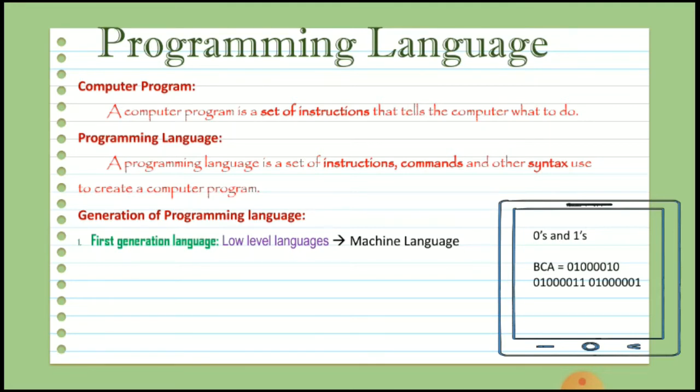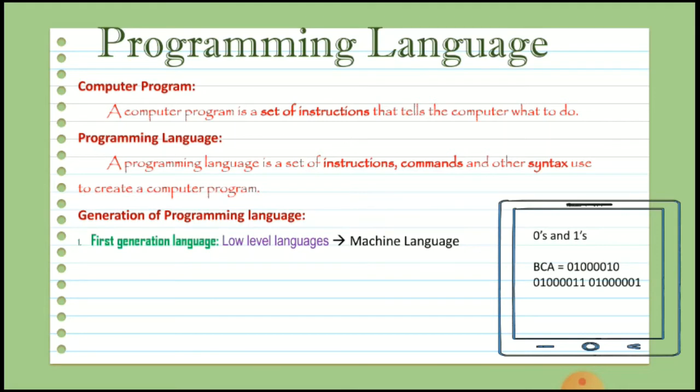So to write the character B, you have to write 0 1 0 0 0 0 1 0. To write character C, you have to write 0 1 0 0 0 0 1 1. And to write character A, you have to write 0 1 0 0 0 0 0 1.